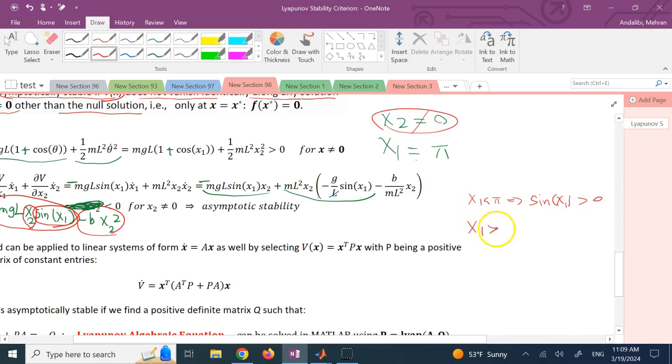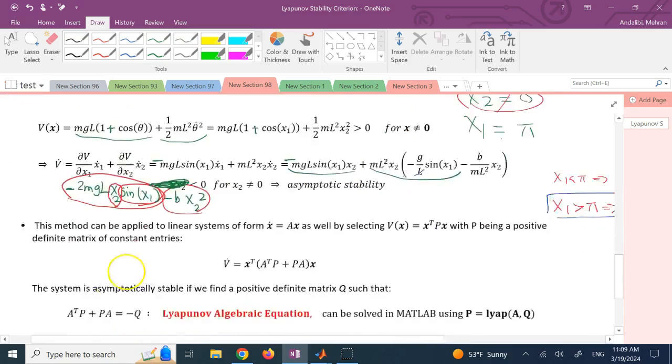If it's bigger than pi, you go to the third quadrant, and now your sine becomes negative. So look at here. You see that? Sine of x1 is negative.